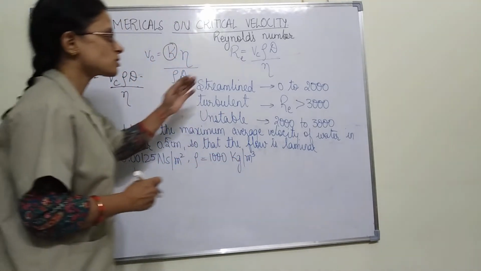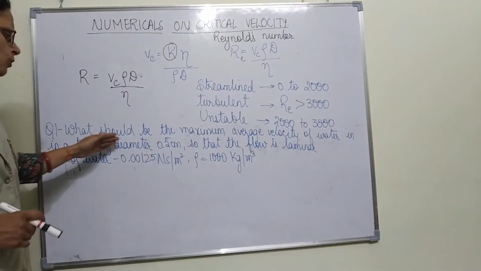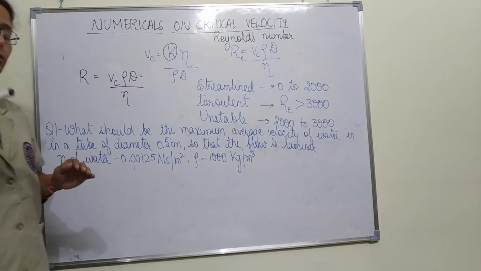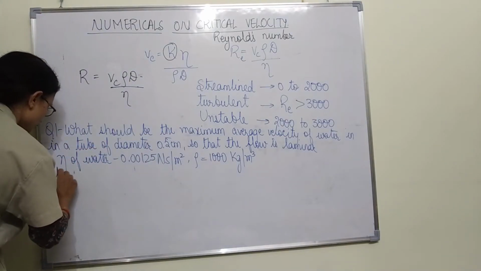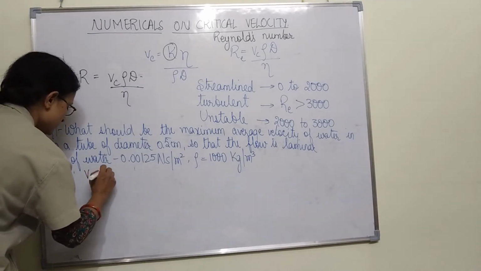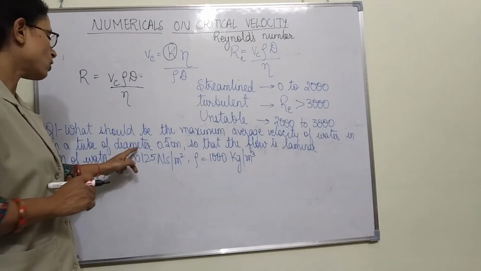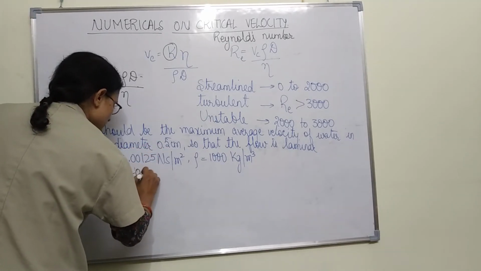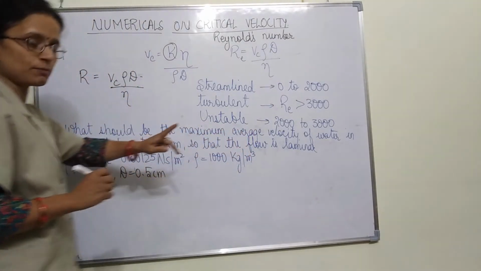Now we will solve the numericals related to this. What should be the maximum average velocity of water? So we have to find the average velocity of water, which means the critical velocity, in a tube of diameter 0.5 centimeter, so that the flow is laminar.